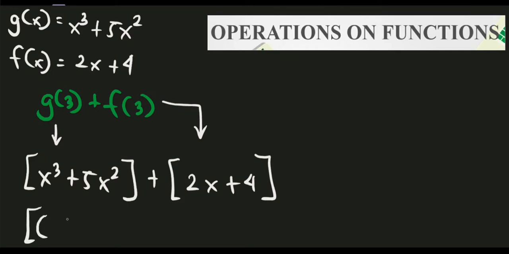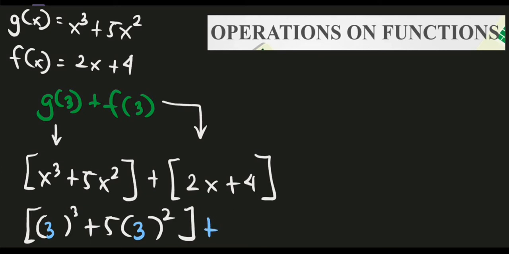So it will give us 3 cubed plus 5 times 3 squared, okay? Next is plus, we have function f as 2 times x plus 4. And again, the value of x for f is 3.